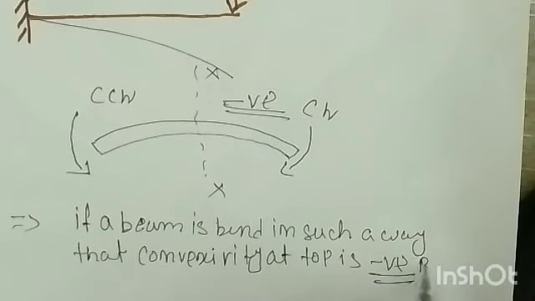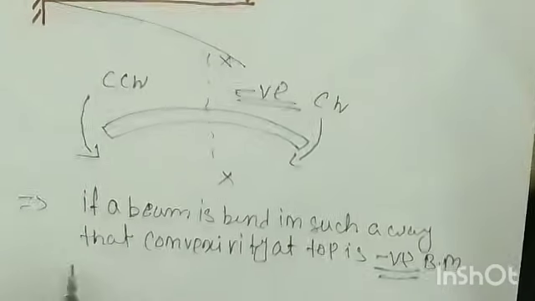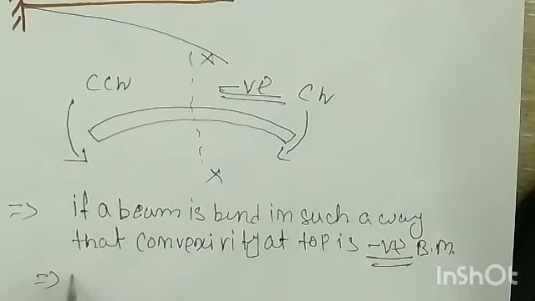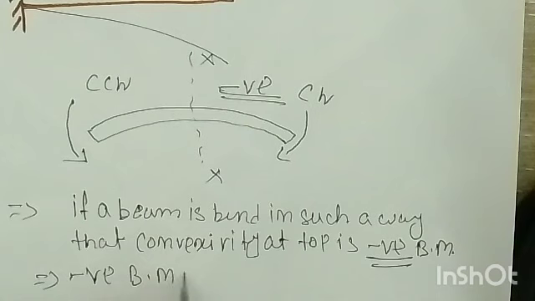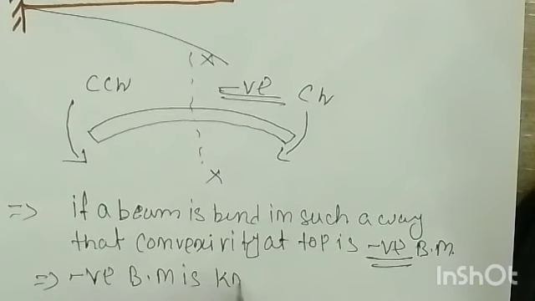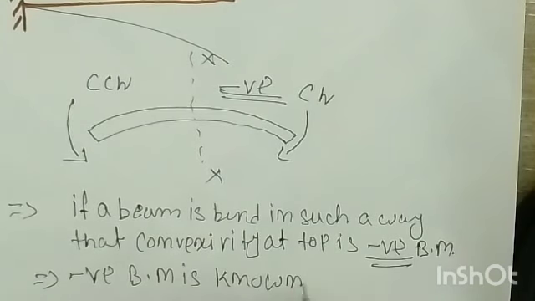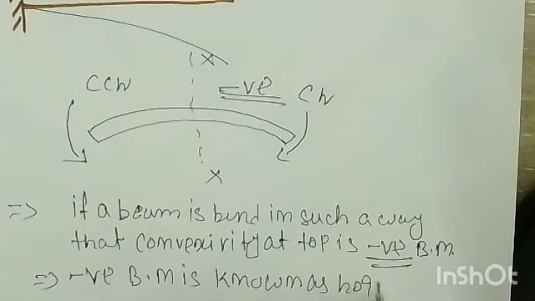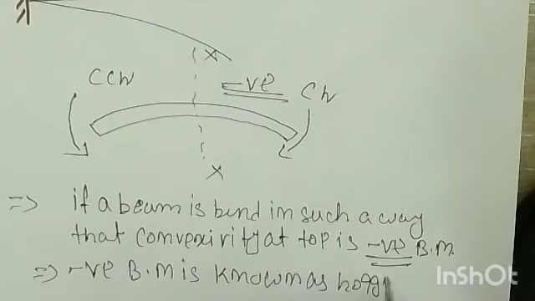It is a negative bending moment. And another point you can make, that the negative bending moment is known as the hogging moment, right? It is known as the hogging moment.